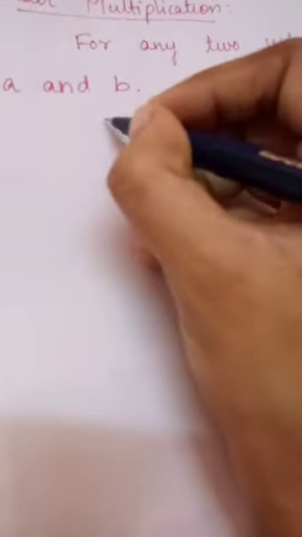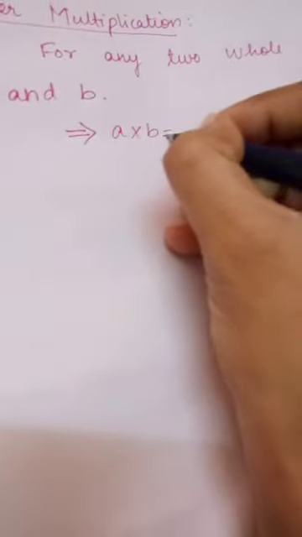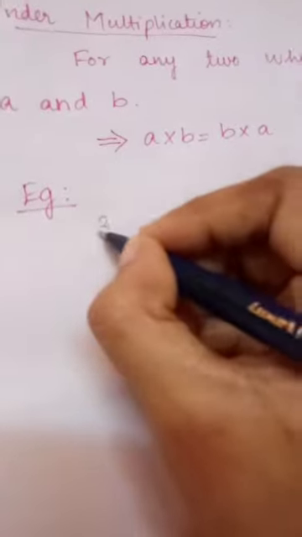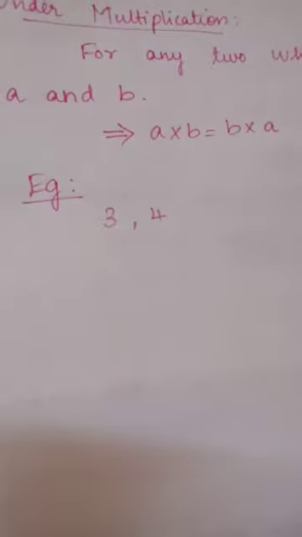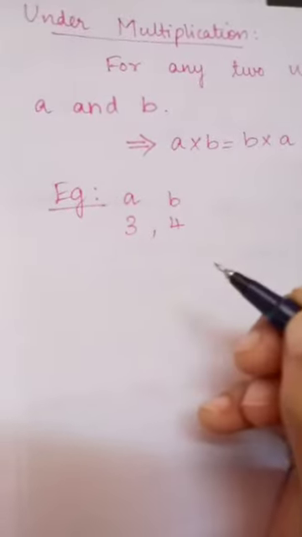The condition which we want to satisfy is A into B equal to B into A. Example for that: I am taking two whole numbers, 3 and 4. Let us consider 3 as A and B as 4.